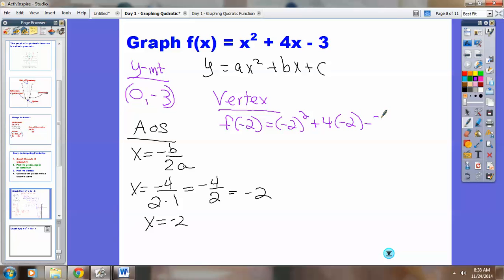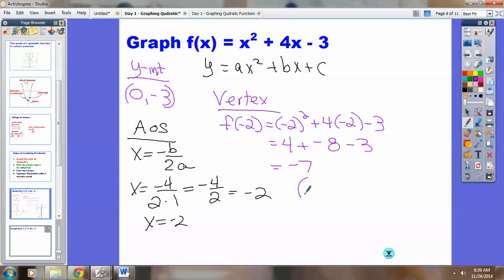So we have our 2 ordered pairs, or 2 points, and we have enough information in our equation that we can graph this parabola. Let's start with our vertex, -2, -7.